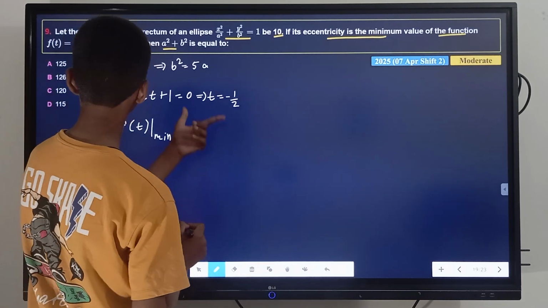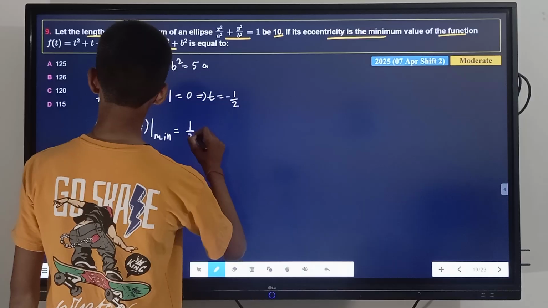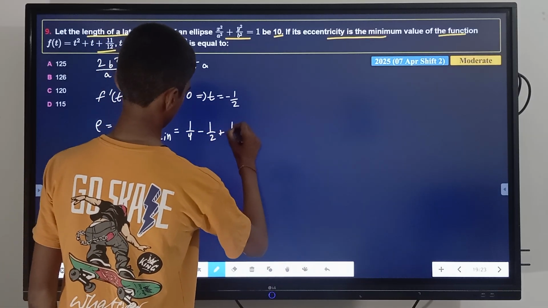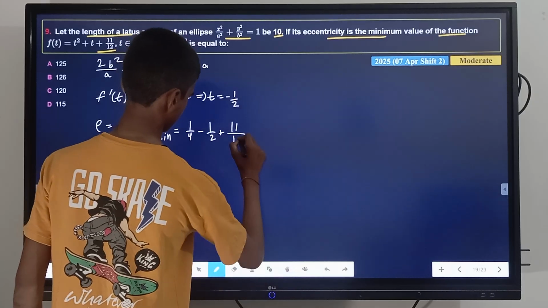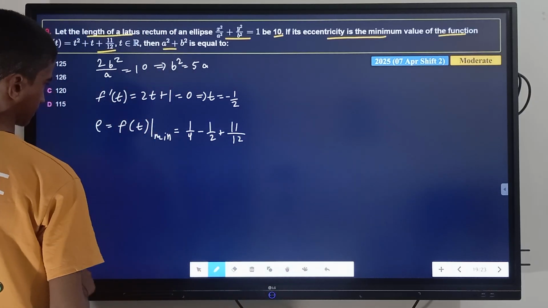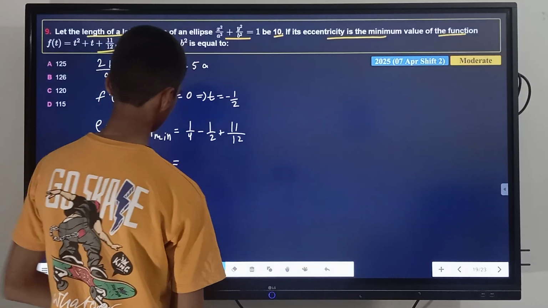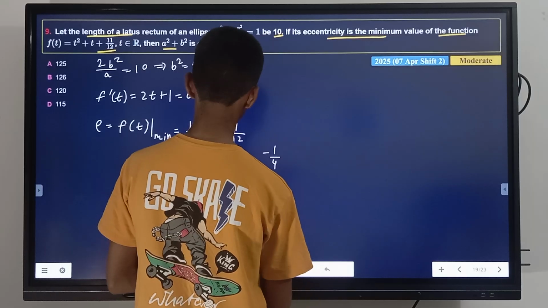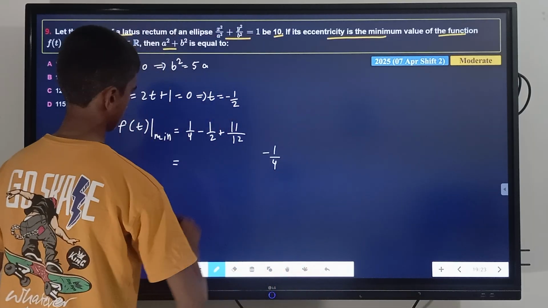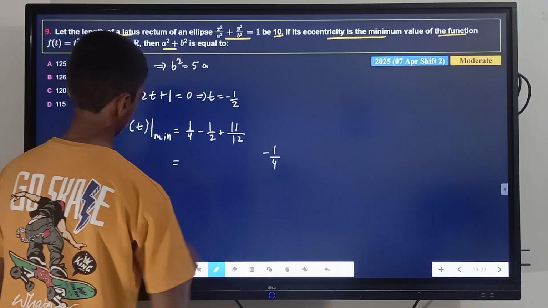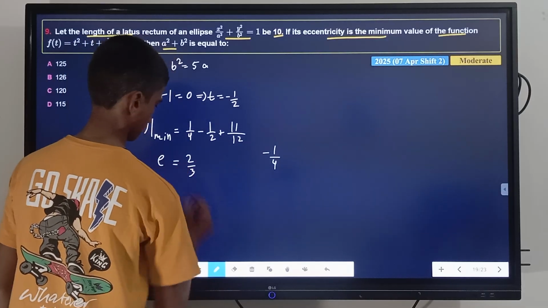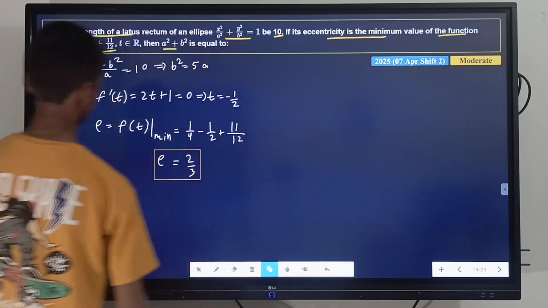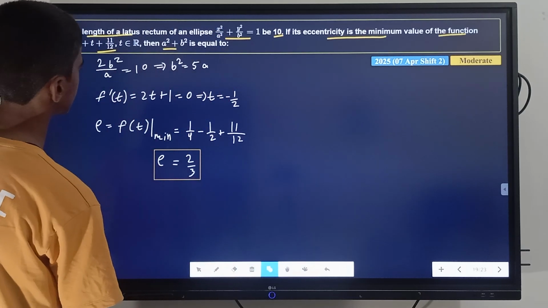F of t min, t is minus half, we will get 1 upon 4 minus half plus 11 upon 12. From here, this is equal to minus 1 upon 4, 8 upon 12, 2 upon 3. E is equal to 2 upon 3.